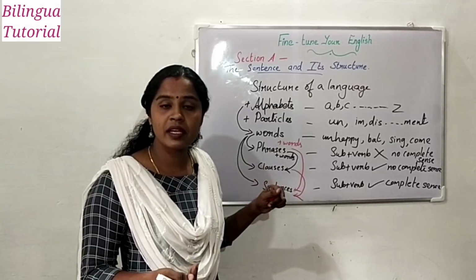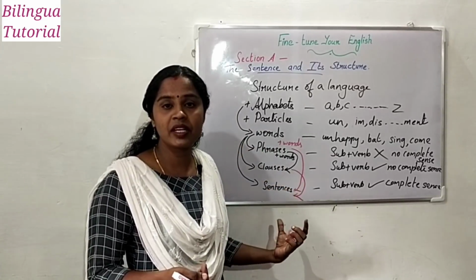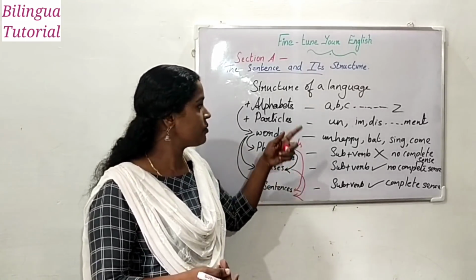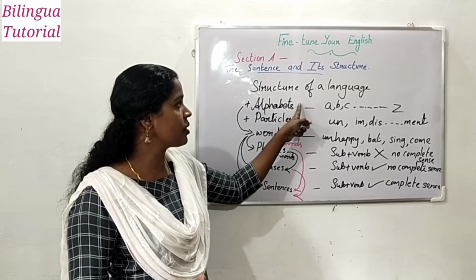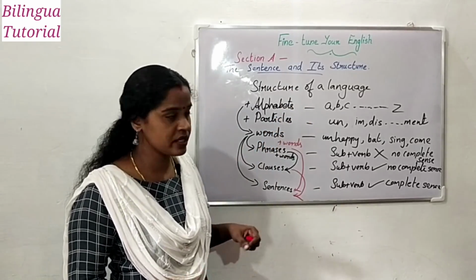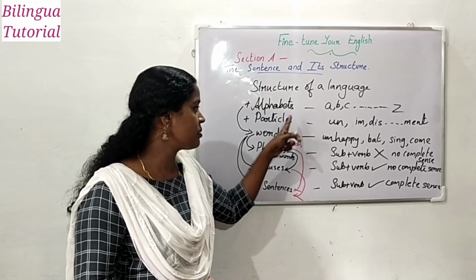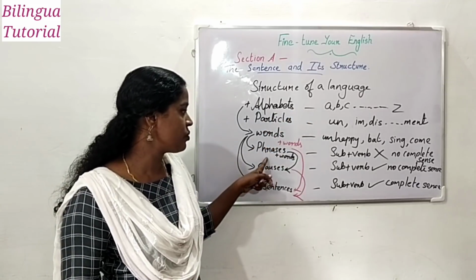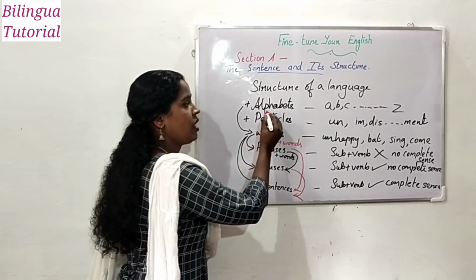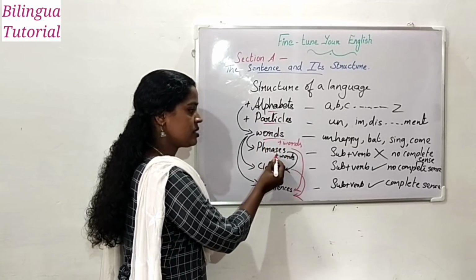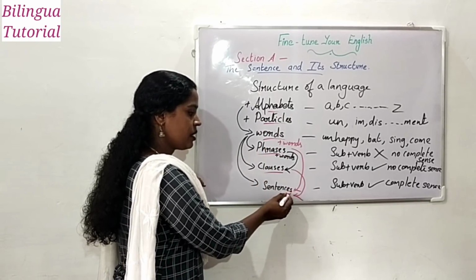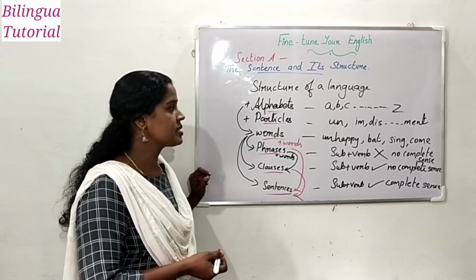Today we have to discuss some more information about the sentence. See, today we are discussing the components or structure of a language. At first it is alphabets, then particles, then words, then phrases, then clauses, and the last one is sentence.